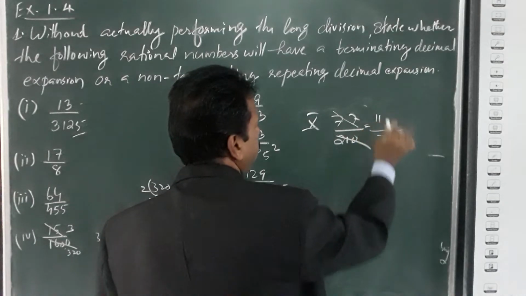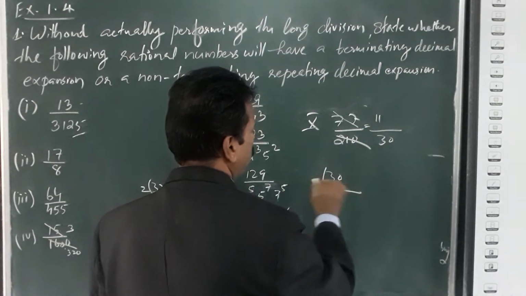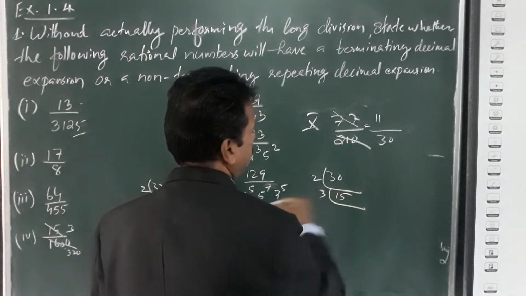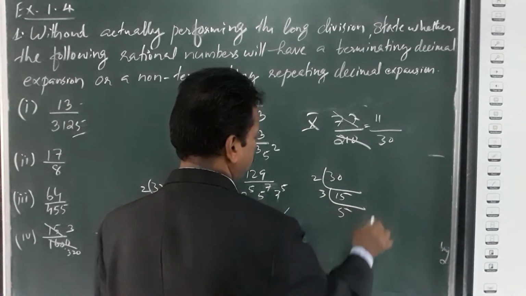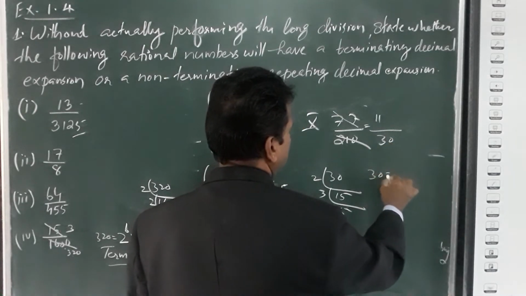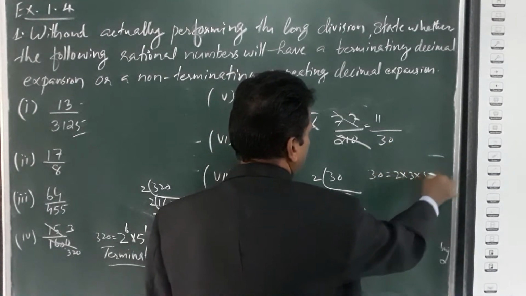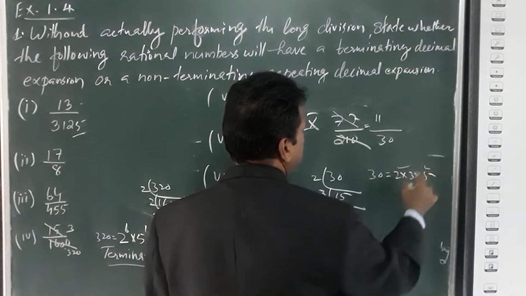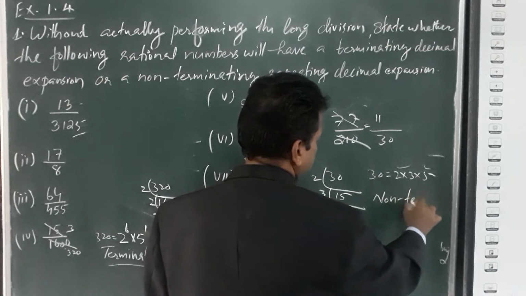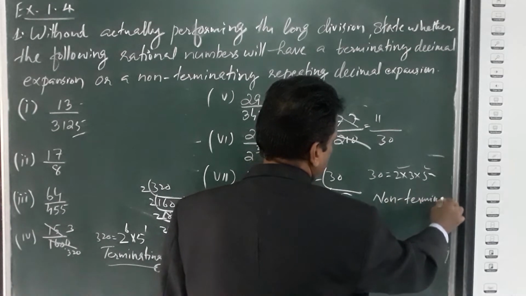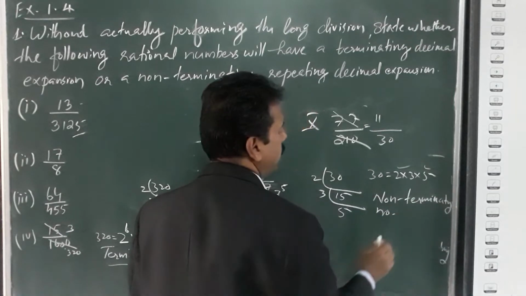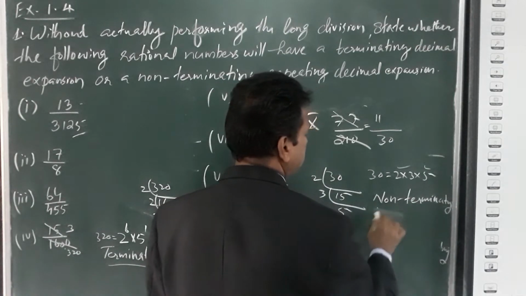Now it is 11 by 30. 30 is equal to 2 times 15, 3 times 5. Then 30 is equal to 2 into 3 into 5. Not only 2 and 5, 3 is also there. Therefore, it is non-terminating, recurring.